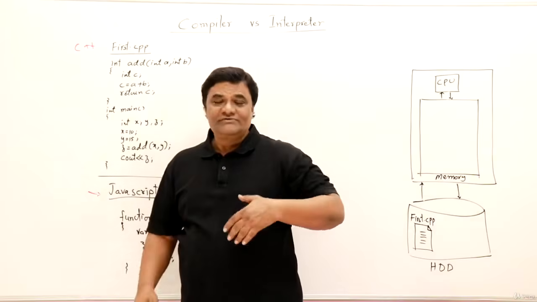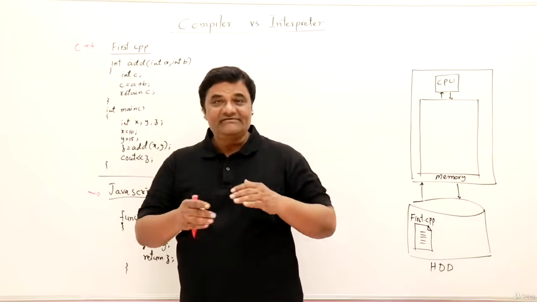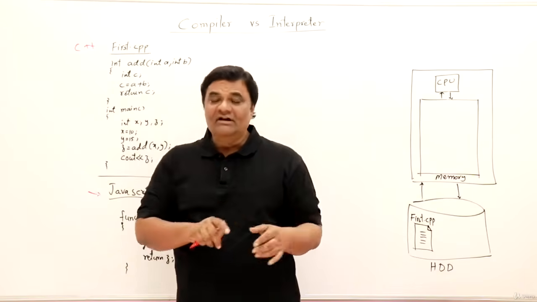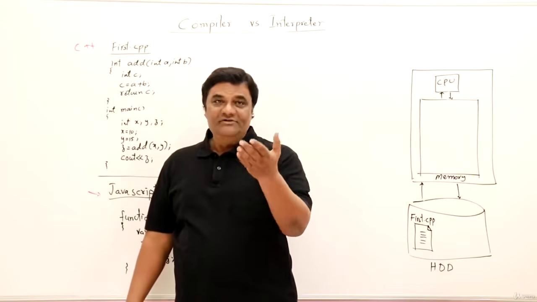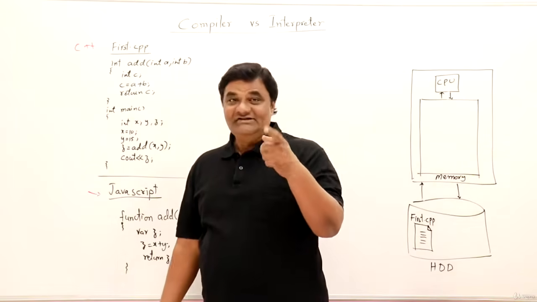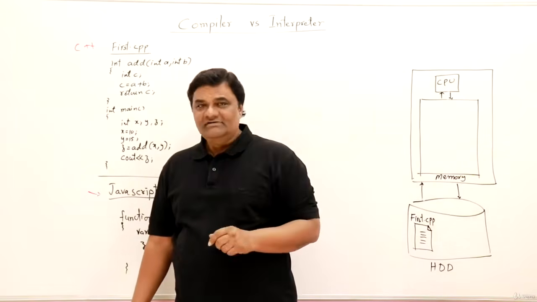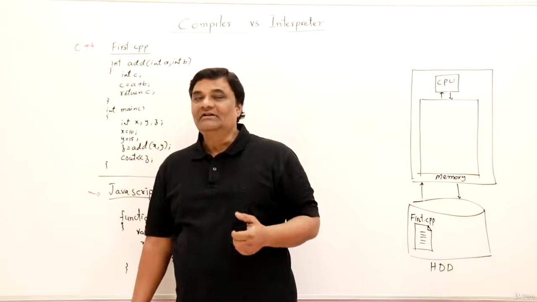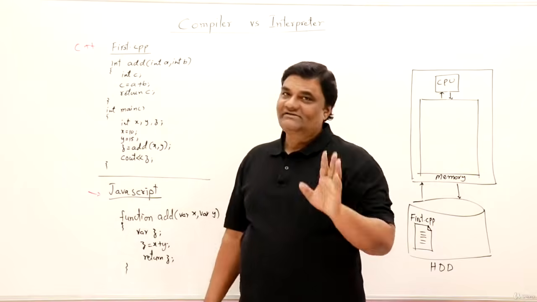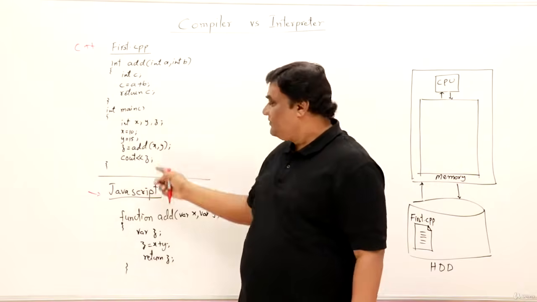JavaScript is useful for writing web pages. It is part of a web page and runs inside the browser. If you visit websites from your browser and check the code, you will find HTML and JavaScript there. So it's a common name, everybody knows about it. It is used in web programming. This is interpreter based.